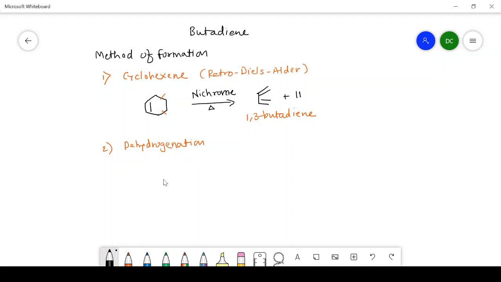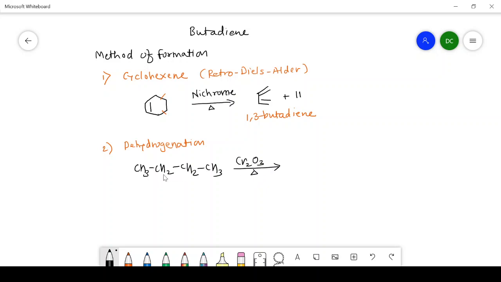In this reaction, we can use either butane or butene, CH3, CH2, CH2, CH3. When it is heated with chromium oxide, also called chromic acid, there is an occurrence of dehydrogenation.